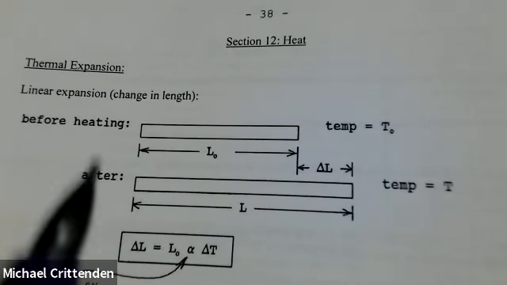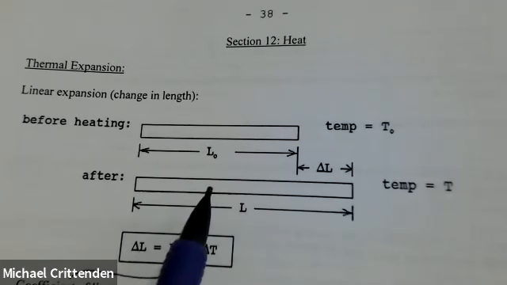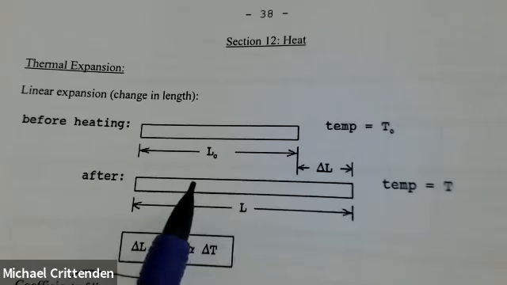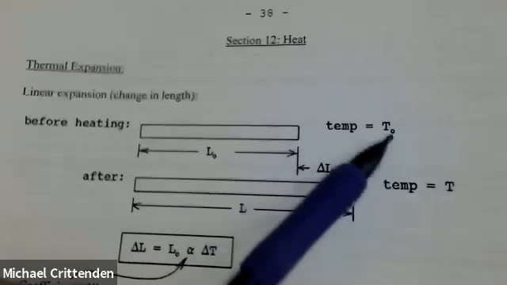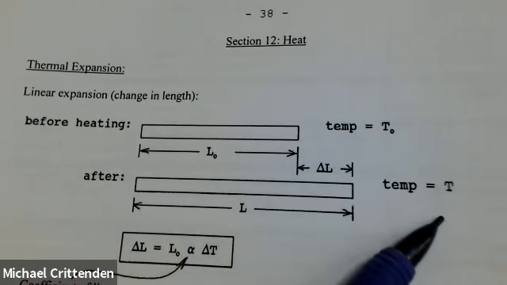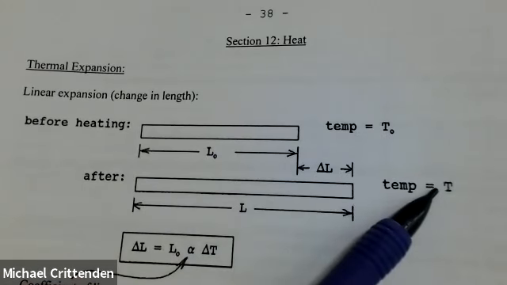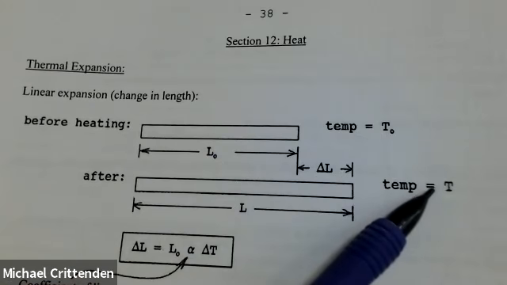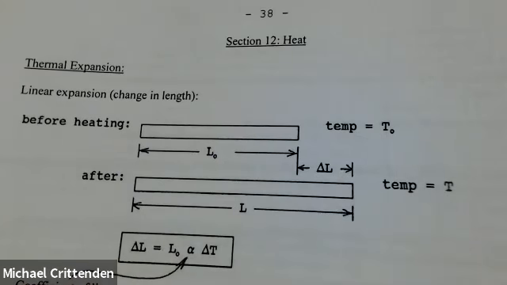And the change in temperature makes it get longer, okay? So the original temperature, T0, could be room temperature. And then this final temperature, T without a subscript, that could be 100 degrees if this is the experiment we're talking about here.